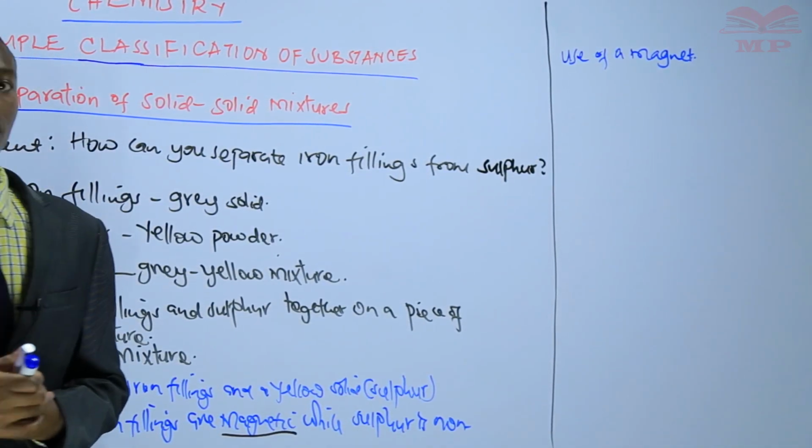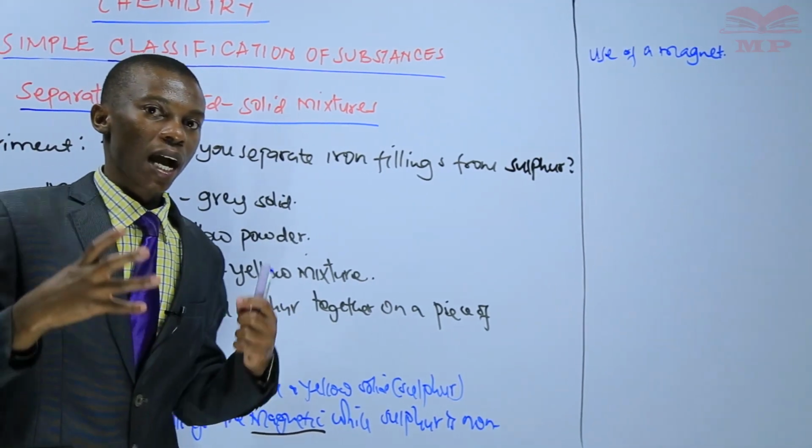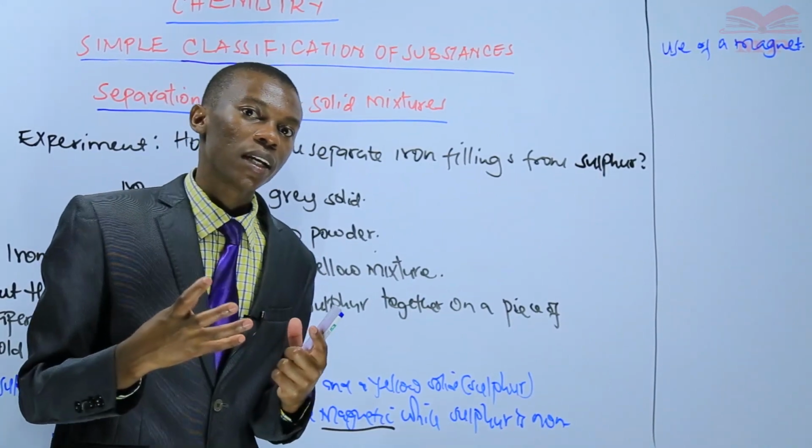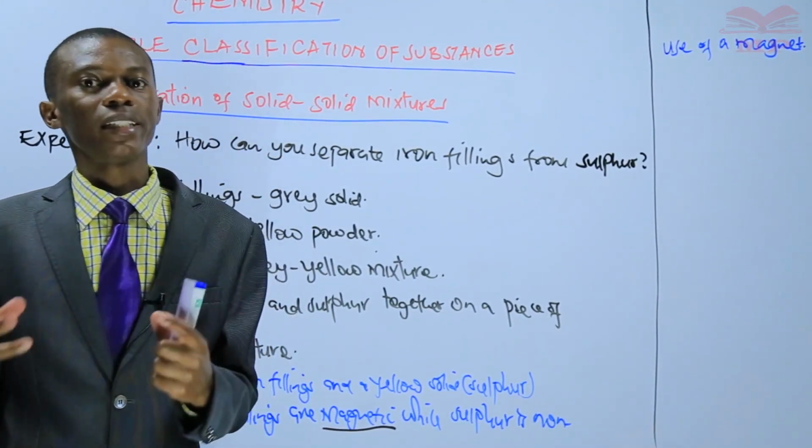The method we are using to separate a mixture of iron filings and sulfur is use of a magnet. And this is possible because iron filings are magnetic, while sulfur is non-magnetic.